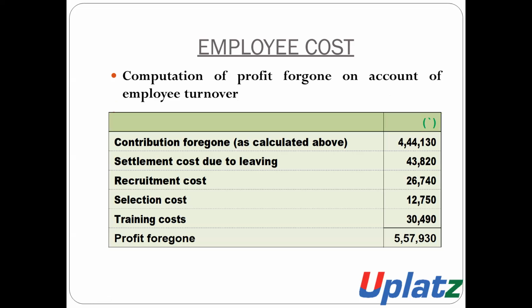Computation of profit which is foregone on account of employee turnover. Now we will discuss the computation of the profit foregone on account of employee turnover. The amount of total contribution which is foregone as per the above calculation is 4,44,130. Add the settlement cost due to leaving, 43,820, the recruitment cost 26,740, plus selection cost 12,750 and the training cost 30,490.